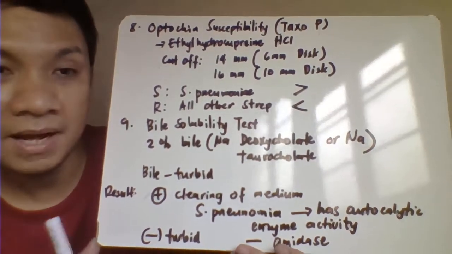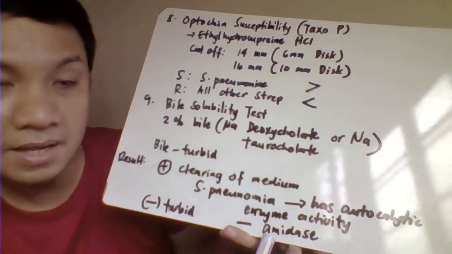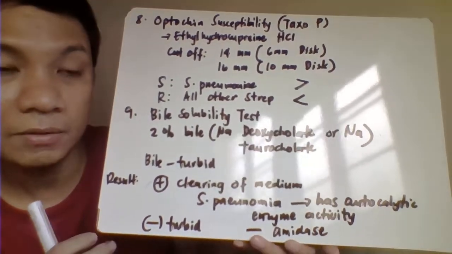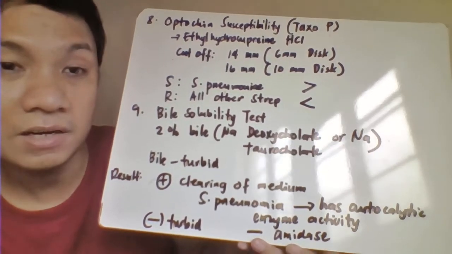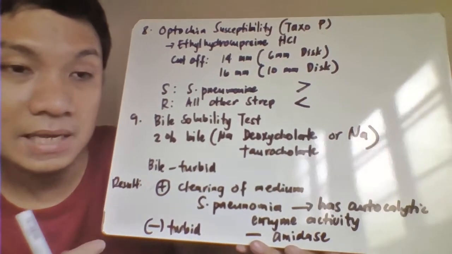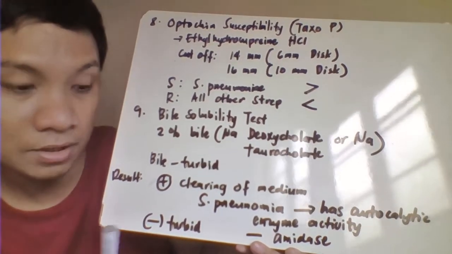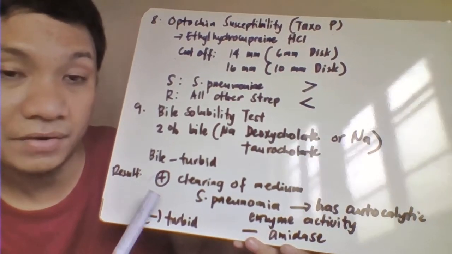It can self-destroy because it has an amidase enzyme that would disrupt or hydrolyze your bile. Therefore, once hydrolyzed, our solution becomes clear, and that would identify your Strep pneumoniae. That's a positive result for this.